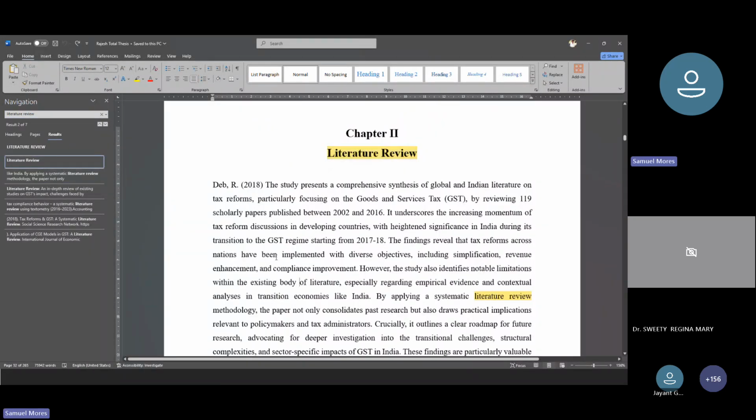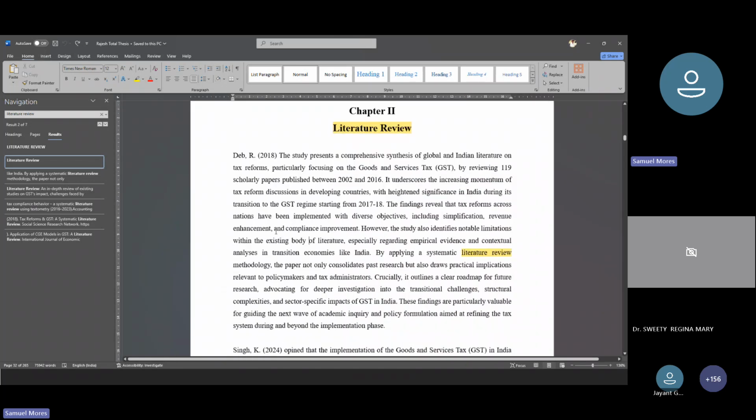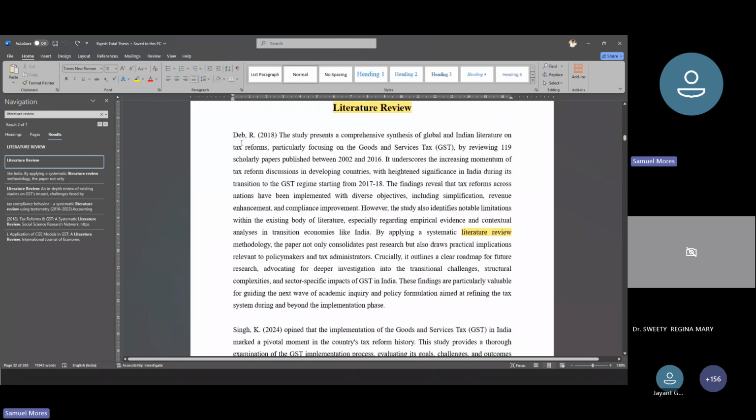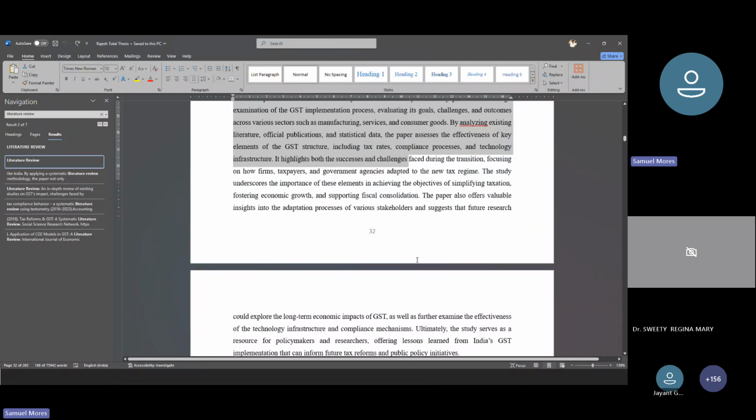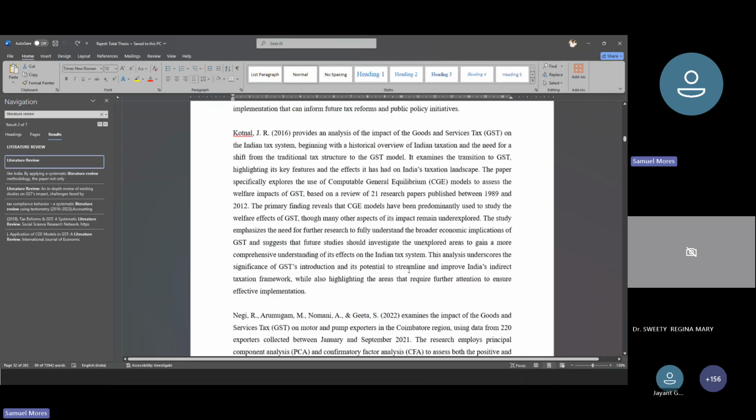See, each paragraph talks about one study. For example, this study, what it talks about, what are the conclusions, it is written in one paragraph. This is another study. Likewise, I have done 60, 70 research papers.